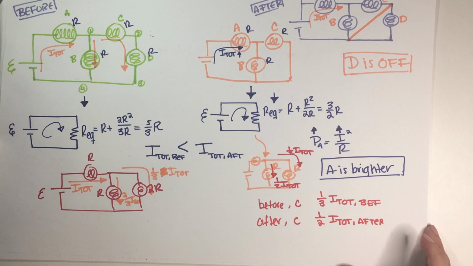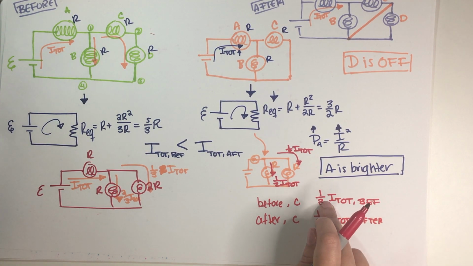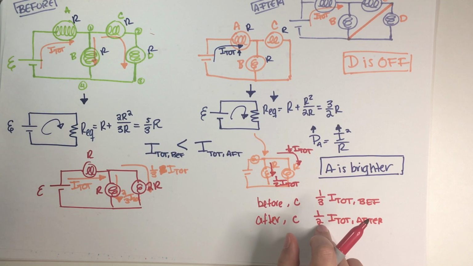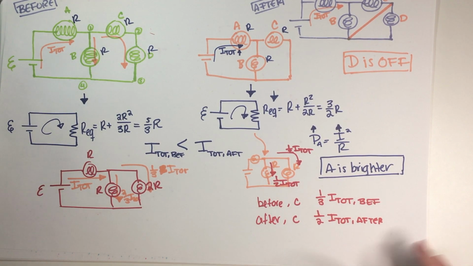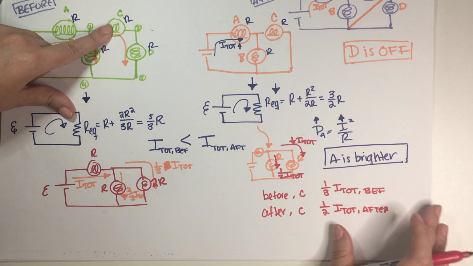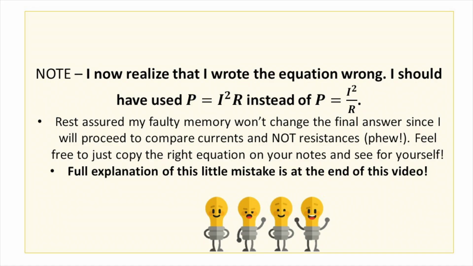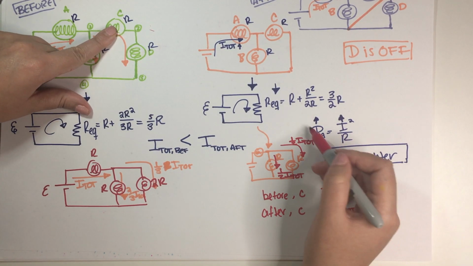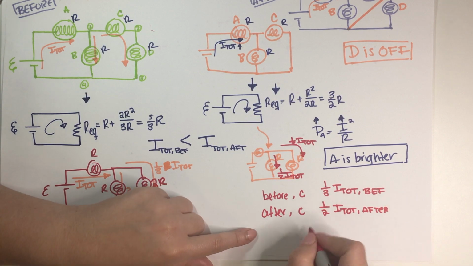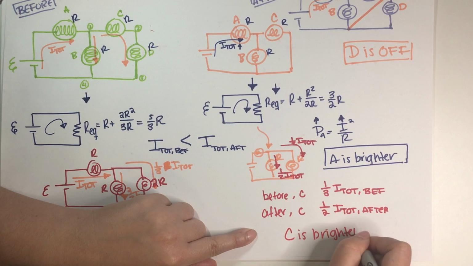So it used to be 33% of a lesser current, and now it's 50% of a higher current. So obviously the current is increasing on C, and if you use this equation, you'll see that if the current is increasing, the power is increasing. So because C has more current, C is also brighter.